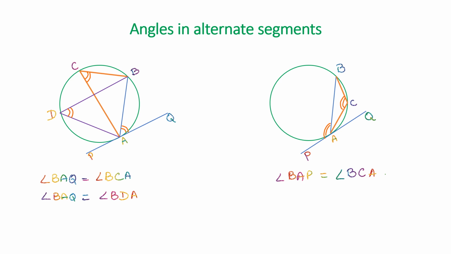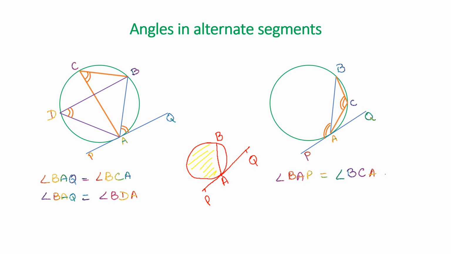Angles in alternate segments. First of all, let us understand what alternate segments are. If I have a circle like this and a tangent over here, and suppose I draw a chord over here, say this is BA, and this is P and Q, you observe that the circle is being divided into two segments.